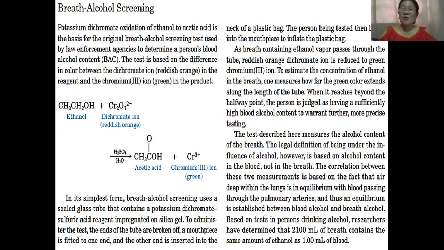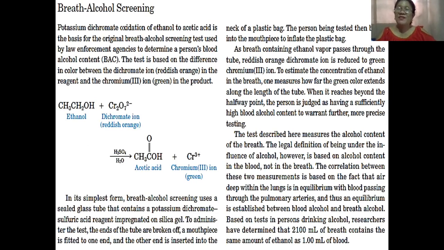We have the breath alcohol screening. What is that breath alcohol screening? Actually, this is being used, especially in the US, if they want to know if the driver is under the influence of alcohol.